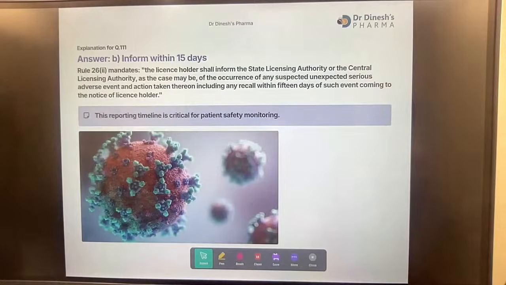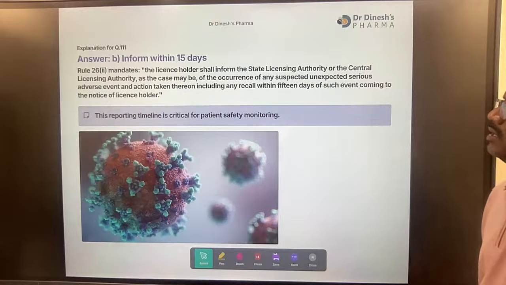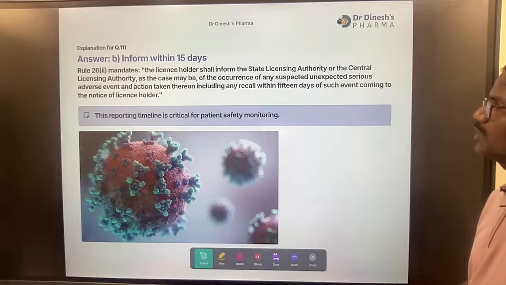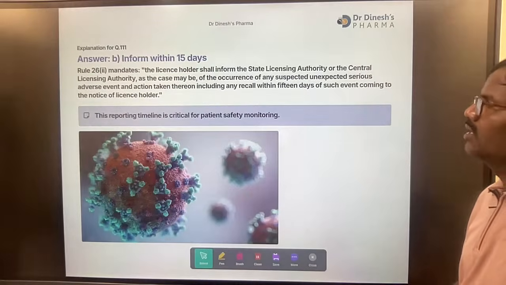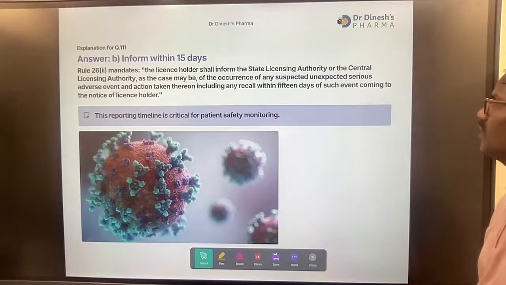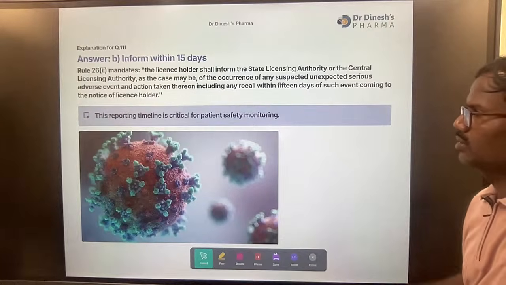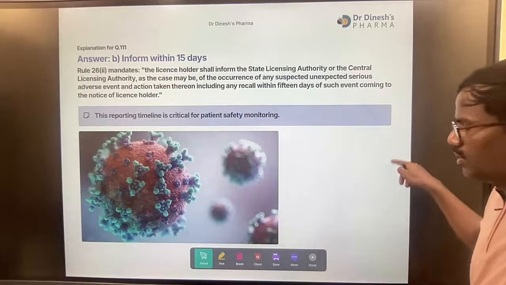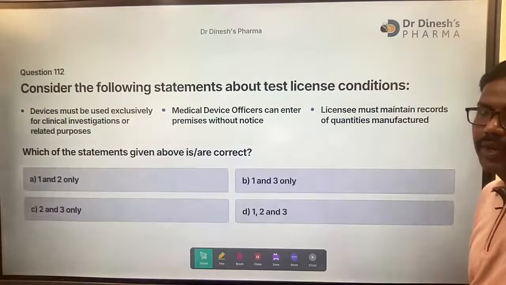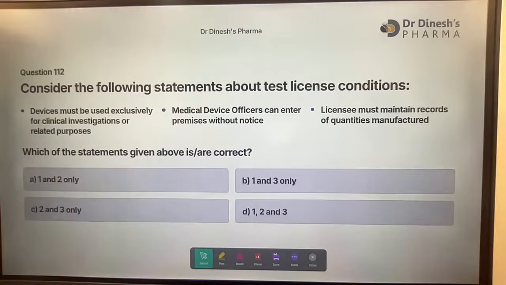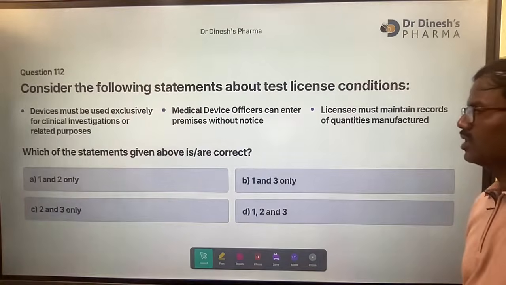Rule 26 says that the license holder shall inform the state licensing or central licensing authority, as the case may be, of the occurrence of any suspected unexpected serious adverse event and action taken including any recall within 15 days of such event coming to the notice of the license holder. This is very important for safety. If something happens, you immediately report it. Otherwise, the adverse effect will spread to others also.